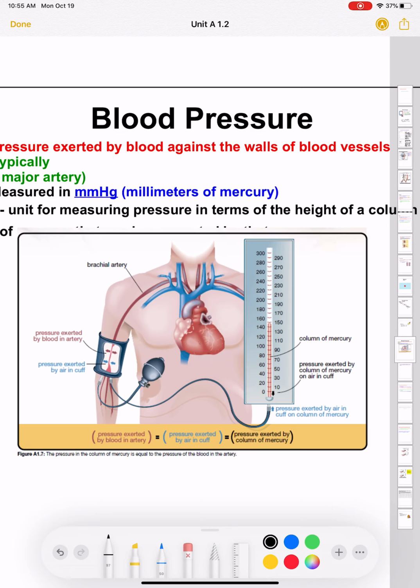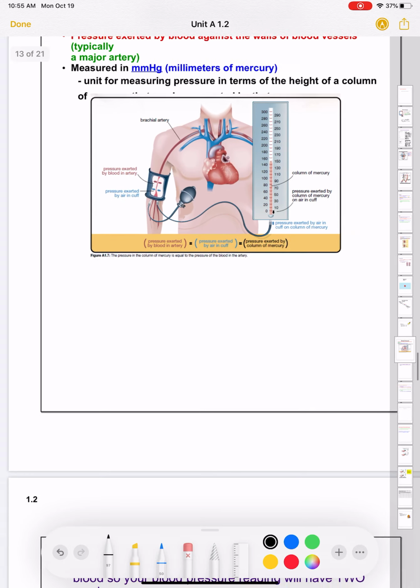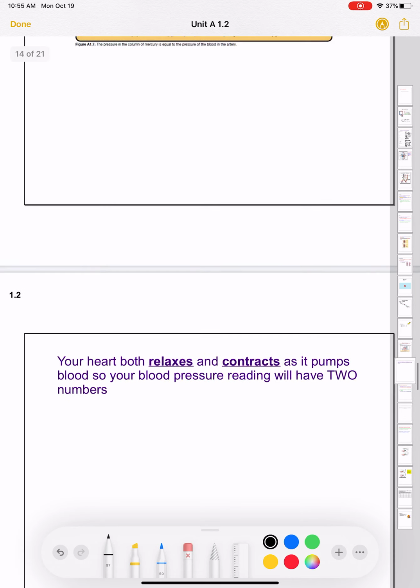When they've cut off the pulse, that would be one of your pressures. Okay, so pressure exerted on the air cuff, and then they'll start to let the air out, and once they can hear your pulse again, they'll write down that pressure, and those would be your blood pressures.